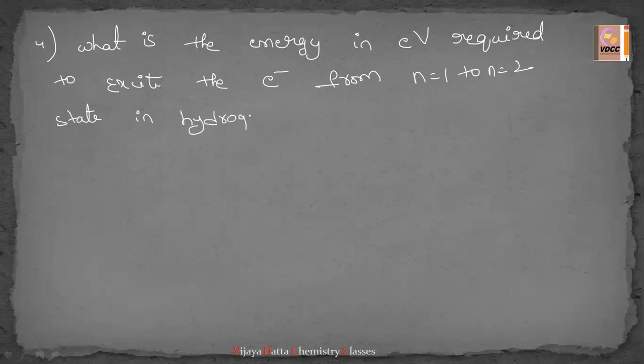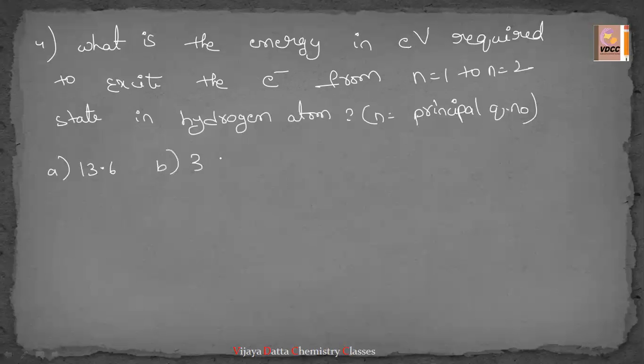Here n is the principal quantum number, as they have given in the brackets. The options are: first option 13.6, second option 3.4, third option 17, fourth option 10.2.